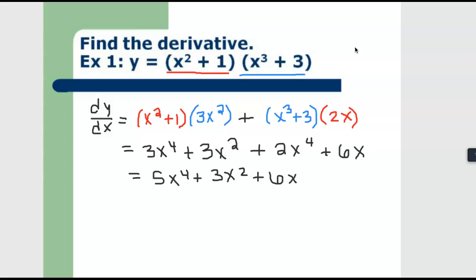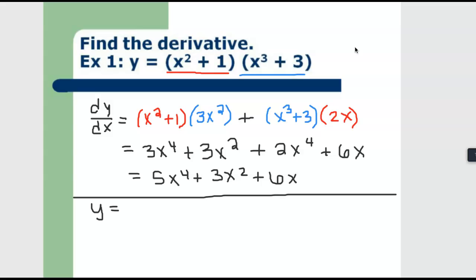If I did not know the product rule, how else could I have found the derivative of this problem? Exactly. So if you forgot the product rule, which hopefully you don't, you could have done this by taking y and foiling those two binomials together.